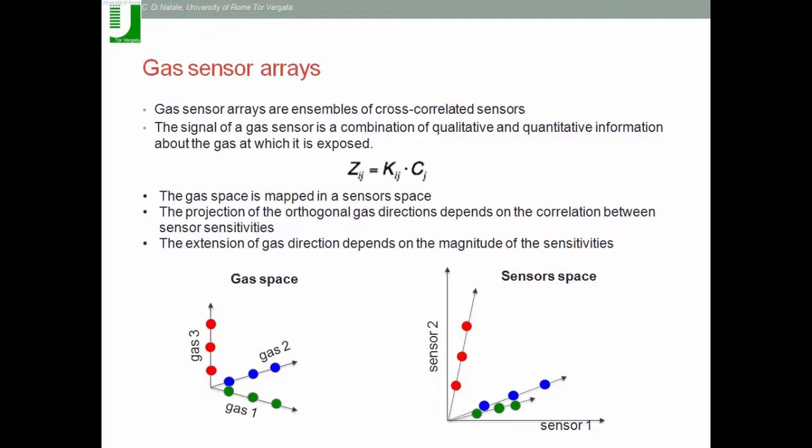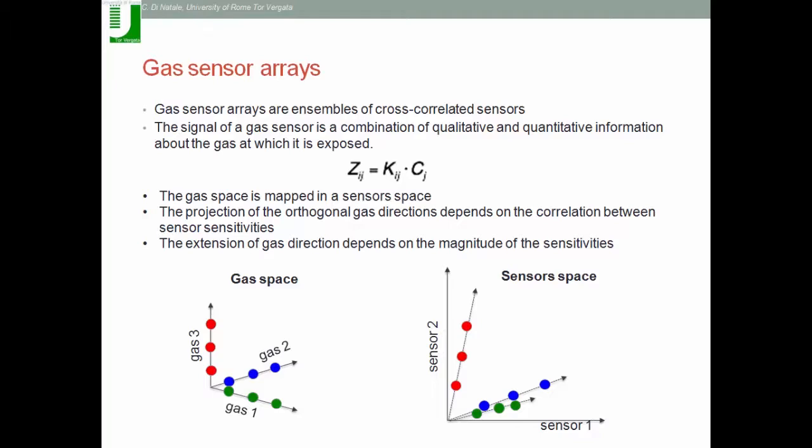So in the signal of a sensor, in case it's linear, it's very simple. It is given by the product of the concentration times this term that is actually the sensitivity of the sensor towards this compound. So this carries the information about the quality, which gas it is, and this carries the information about the quantity, how many molecules, which is the concentration of the gas.